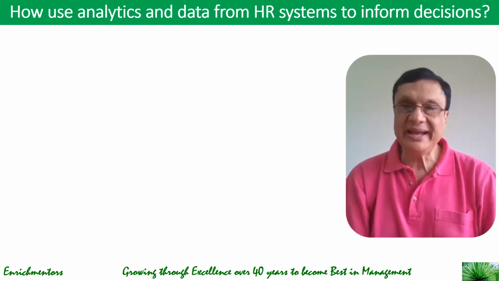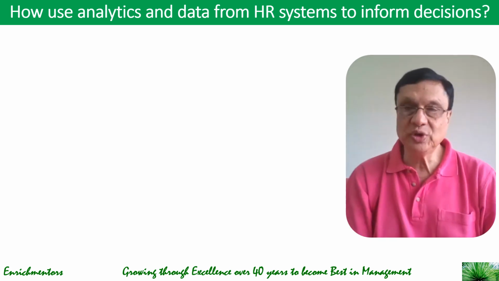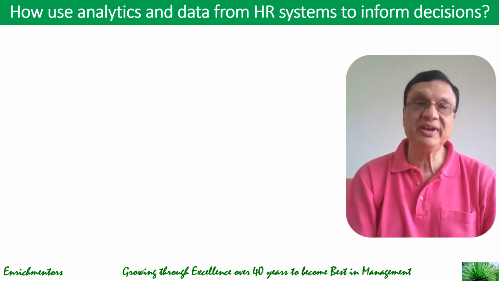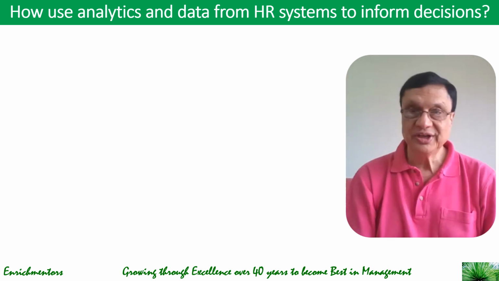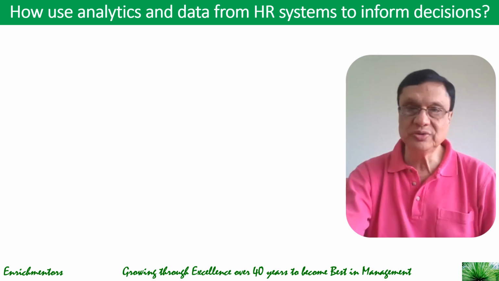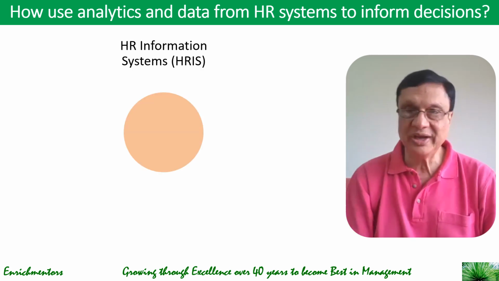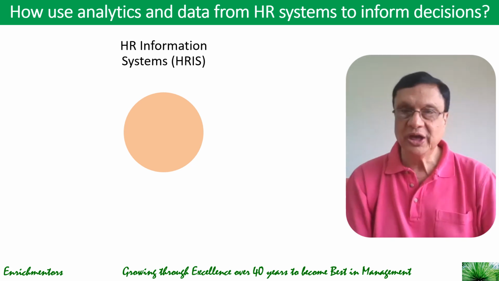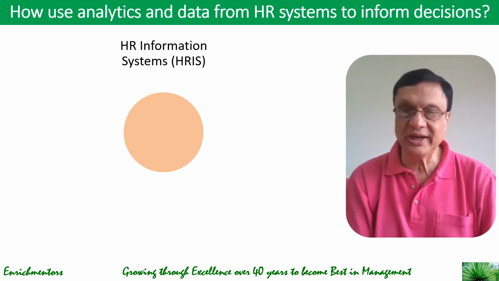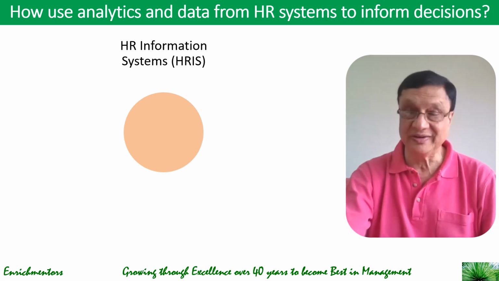Using analytics and data from your HR systems can significantly improve decision making within your organization. To do that, start gathering data from multiple HR sources that you have. Use data from the HR information system that you have, like Workday, SAP SuccessFactors or ADP or anything else, to collect comprehensive employee data.